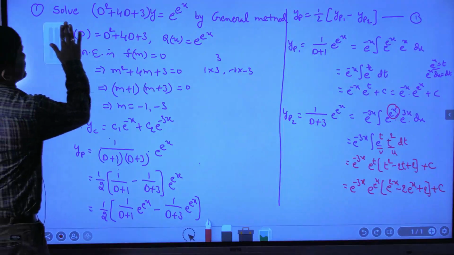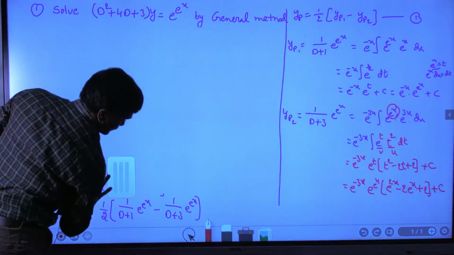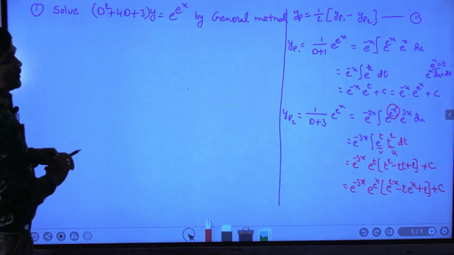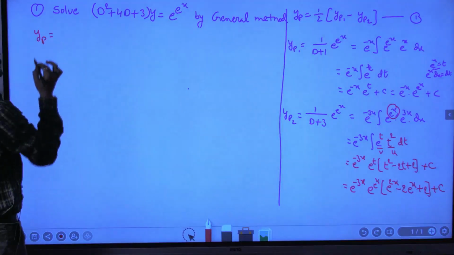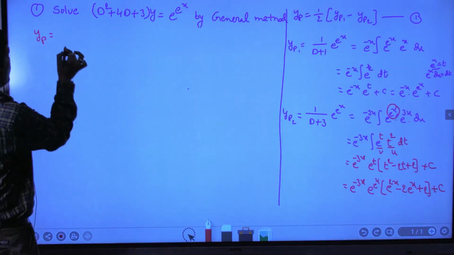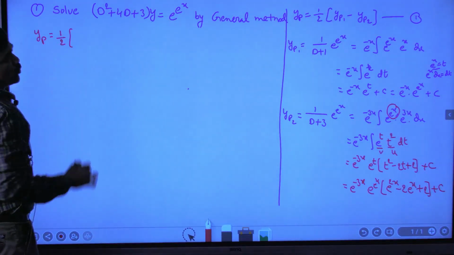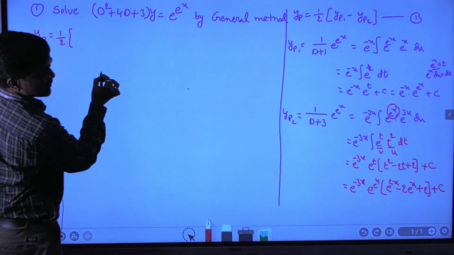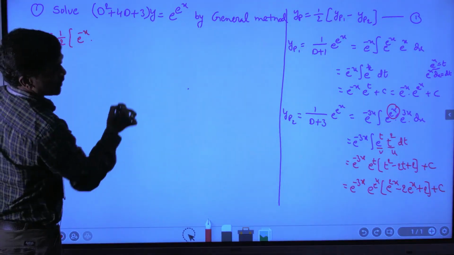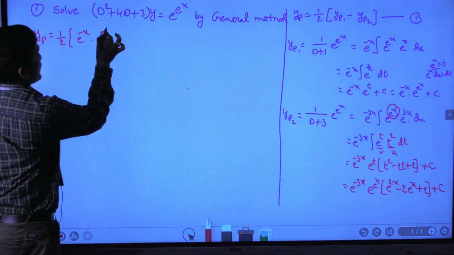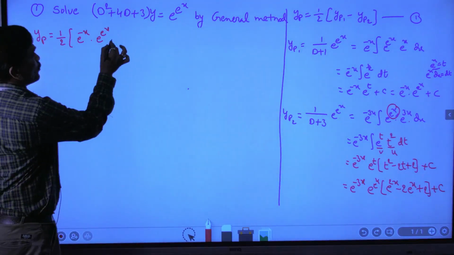We get yp is 1 by 2 into yp1, where yp1 is e^(-x) into e^x, minus yp2.